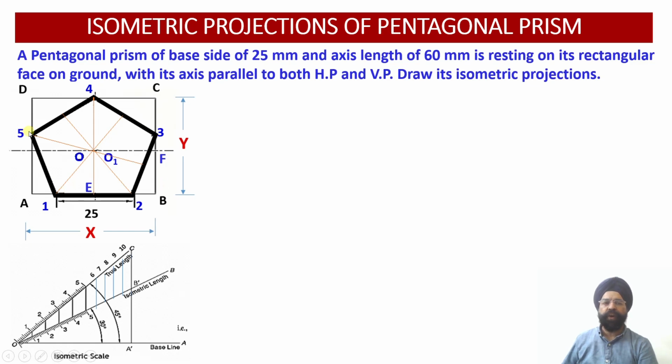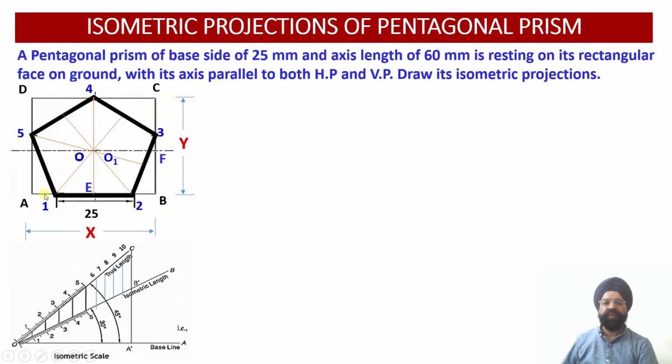First of all, we need to draw the basic shape of the pentagon, which will be a geometric construction. So here we will have the side equal to 25 millimeter, external angles everywhere will be 72 degrees. So we get edge length equal to 25 mm.